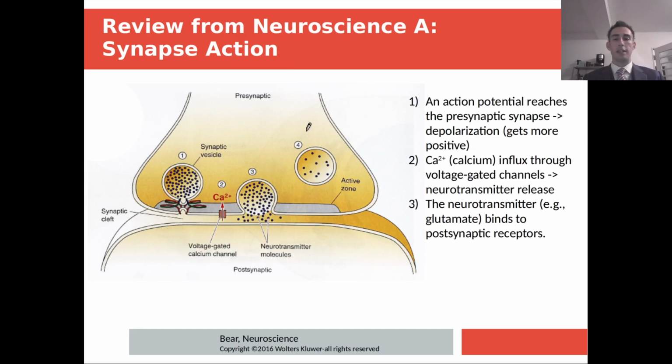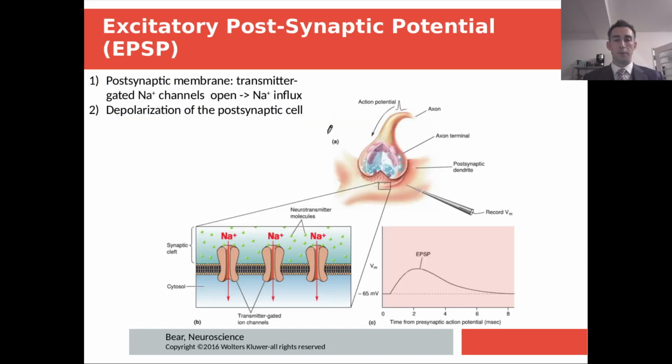And when it reaches the synapse, the voltage here increases, and that causes these voltage-gated calcium channels to be activated, which causes a cascade of different things that eventually causes vesicles to bind to the membrane and release their neurotransmitters, which are taken up by receptors on the postsynaptic, the output neuron, which causes a depolarization, an increase in the voltage of the postsynaptic cell. So the postsynaptic cell gets activated if it's an excitatory neurotransmitter.